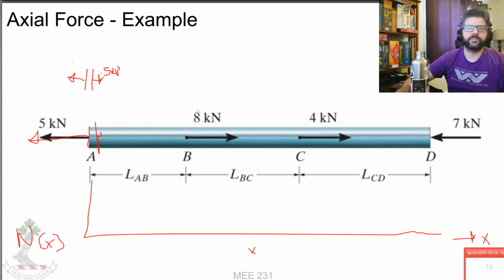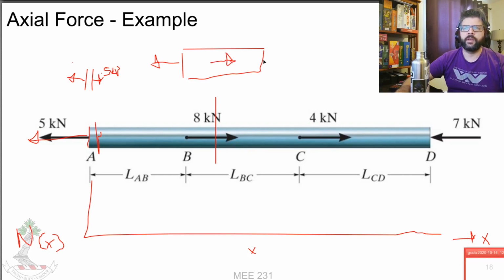kilonewton force here. So if we take a little slice right here, and we look at the free body diagram of that thing, here I'm going to switch back. So we've got 5 kilonewtons, 8 kilonewtons here, and we've got at this face some sort of force.